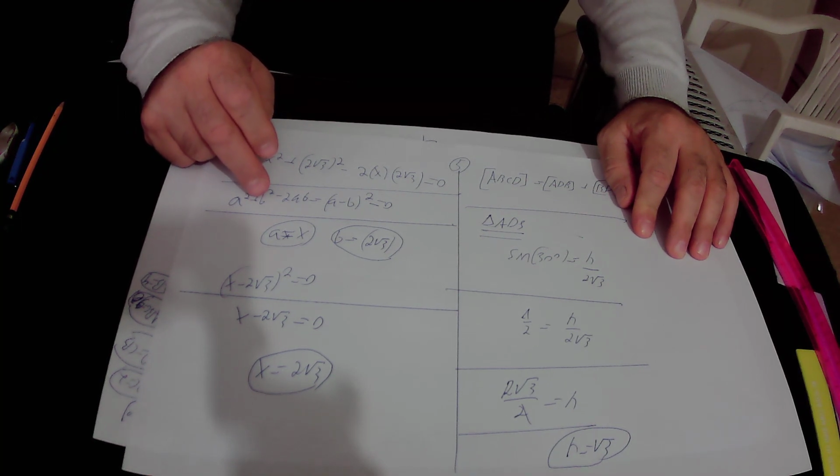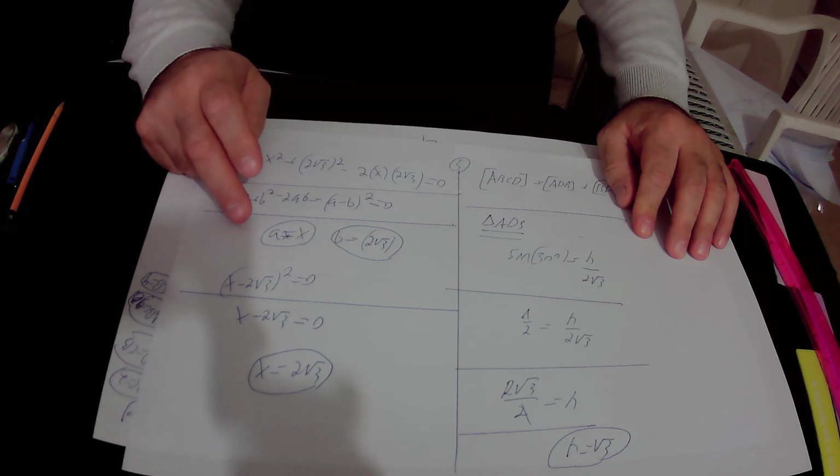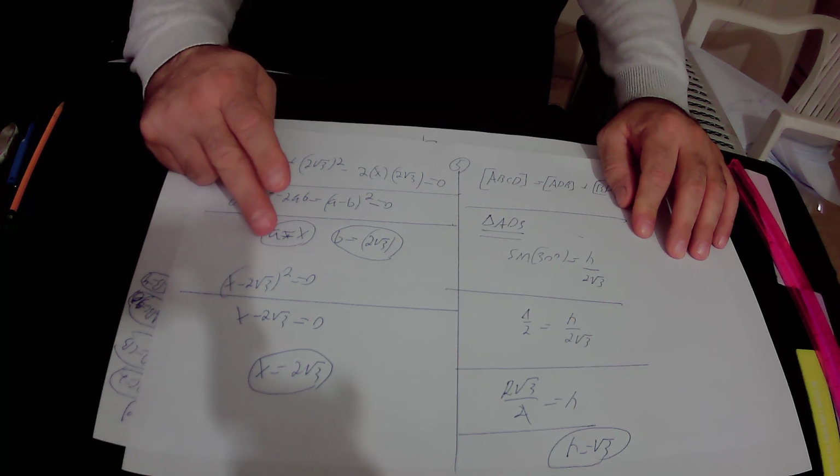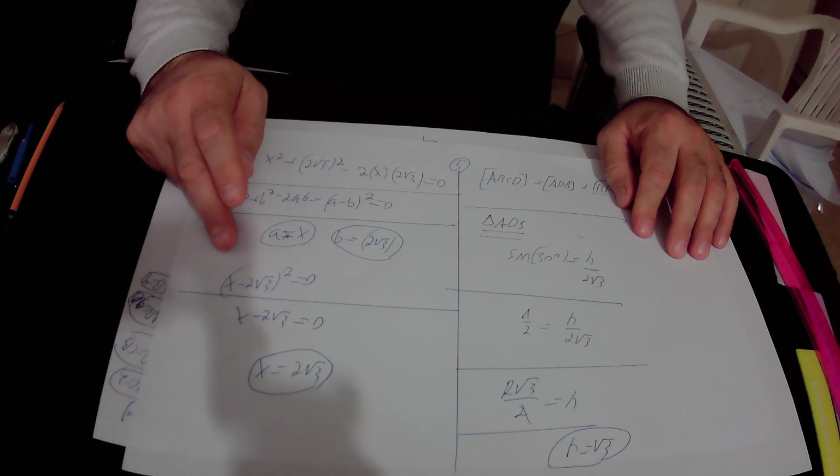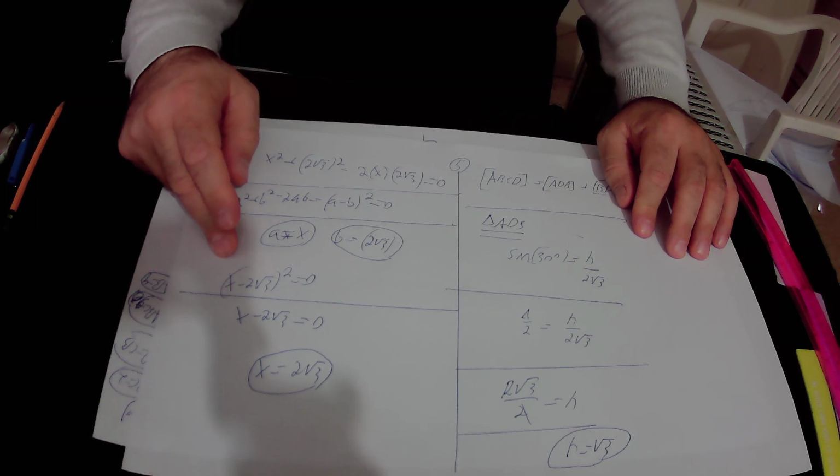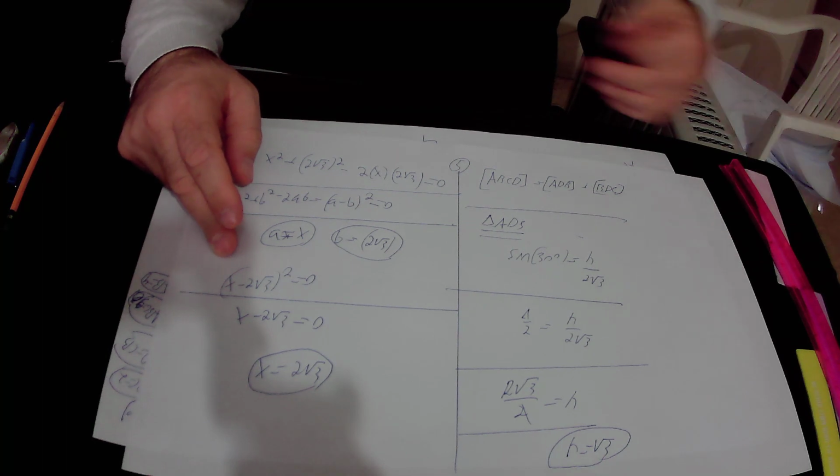So a minus b squared will be equal to x minus 2 times square root of 3 squared, that equals 0. We took a root out of this expression and we got that x minus 2 times square root of 3 equals 0, because the square root of 0 is 0.